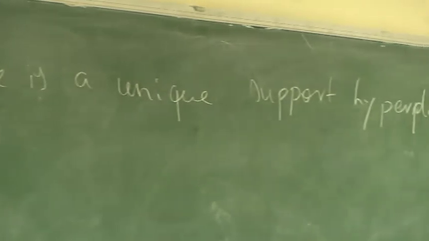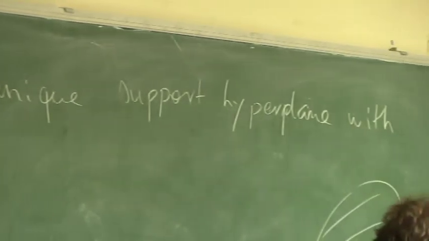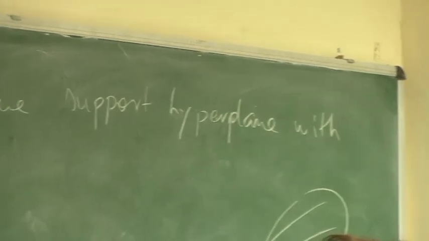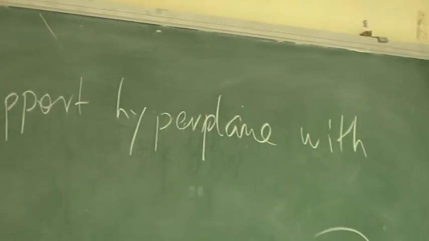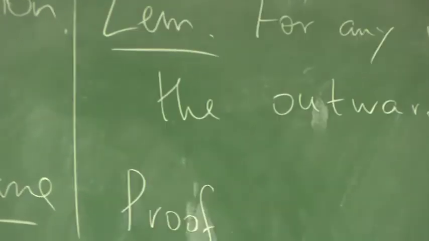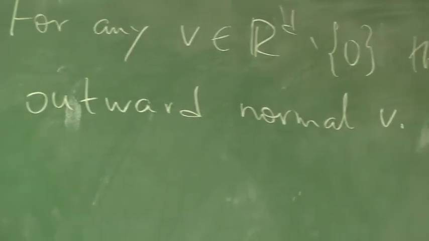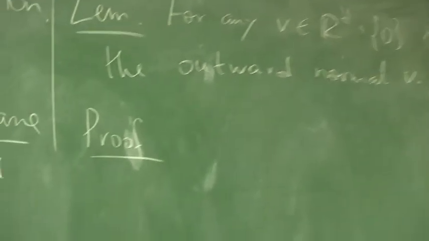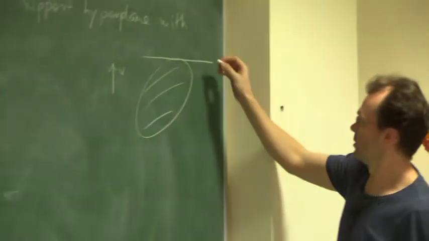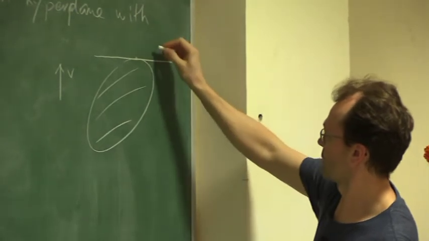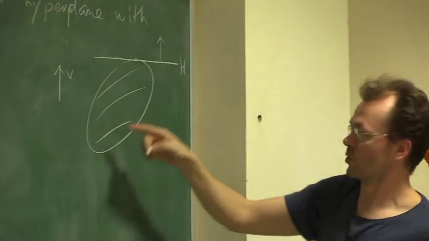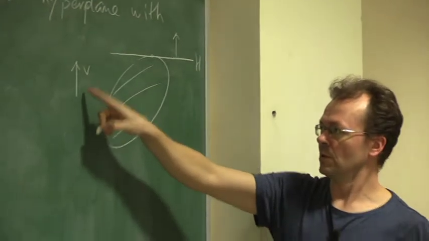So some convex body, and I have a vector v. Then what I do in order to find a support hyperplane with this normal, I just move the hyperplane until it reaches the top of the body. So then this hyperplane has the outward normal v. By outward normal, I mean that the normal points away from the body.